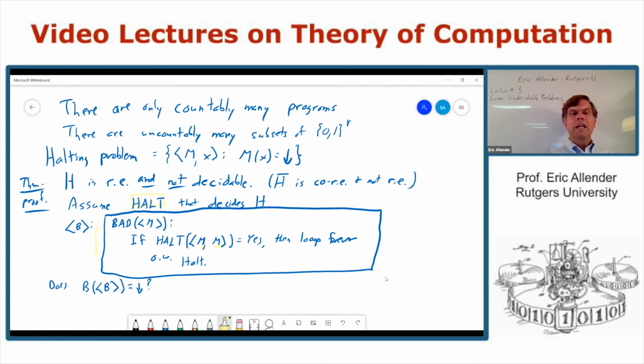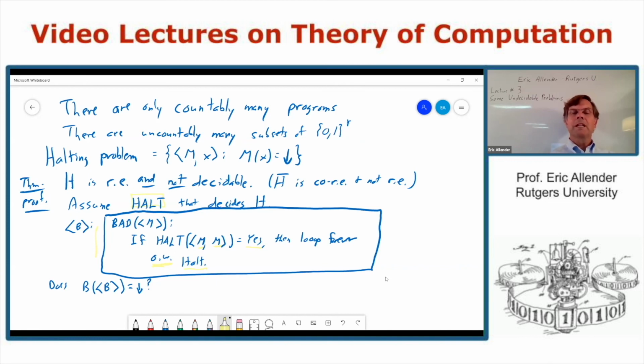So that means that the answer is no, but if the answer is no, you go down to the otherwise or the else part of this statement and you halt. So if the answer is no, then the answer is yes. That's a contradiction. So in other words, this program is nonsense.